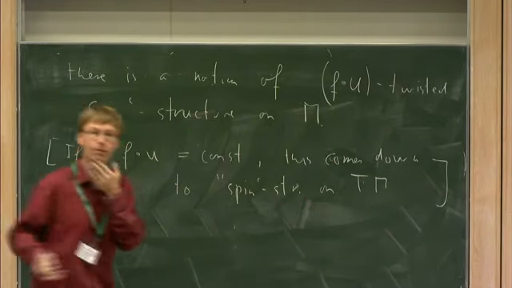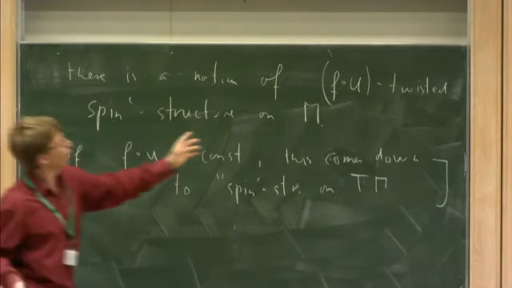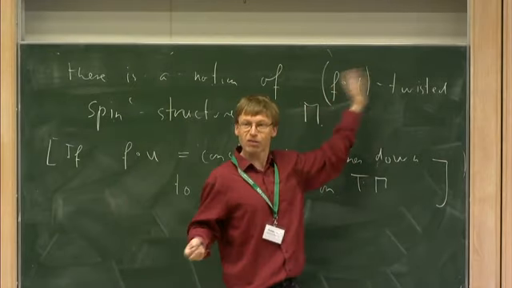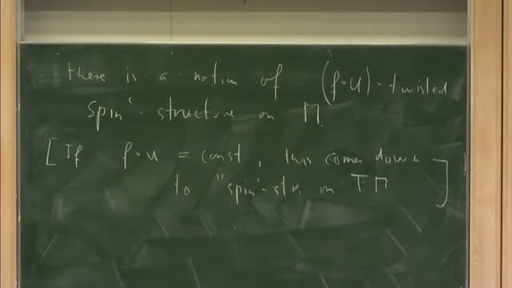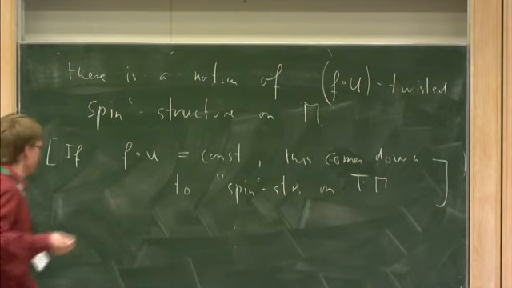So, as we should expect, for the constant map, this twisted business is just the ordinary untwisted business. Okay?